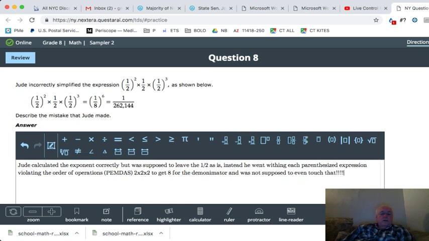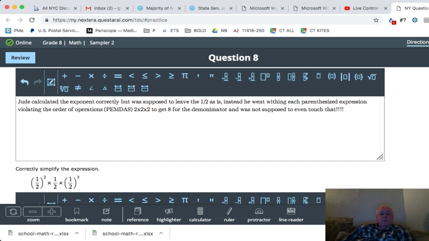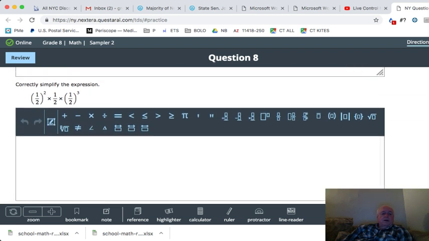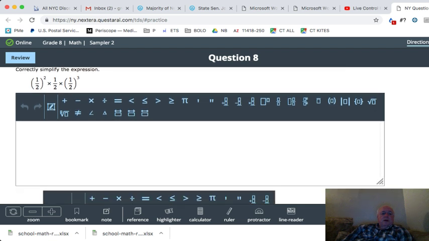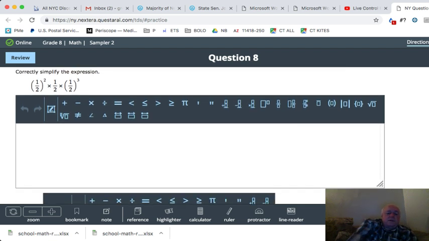Let's see. Oh, there is some more here. Correctly simplify the expression. So let me see if I can figure this out. Can I make that a fraction?